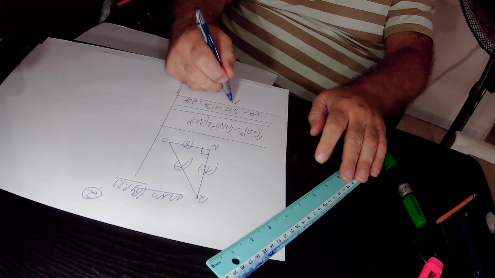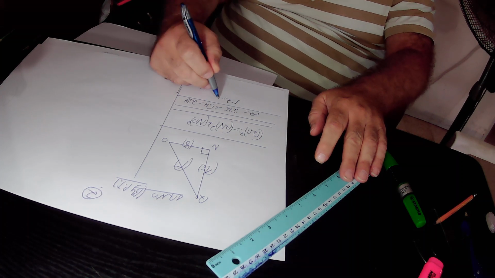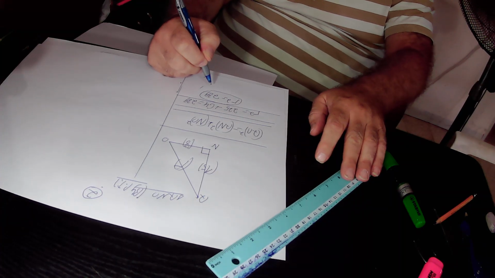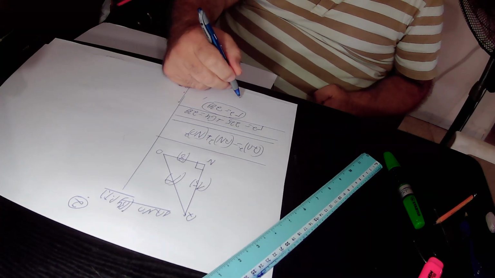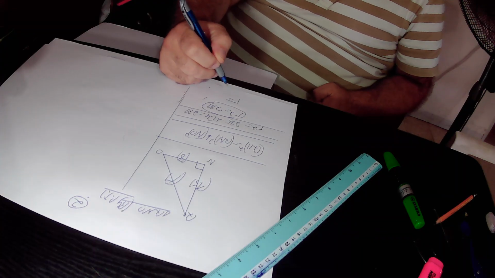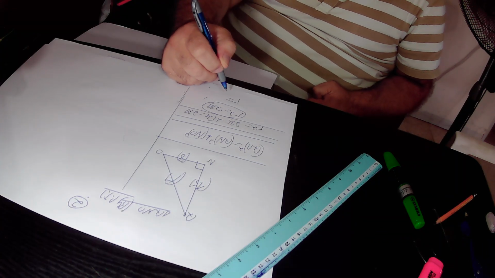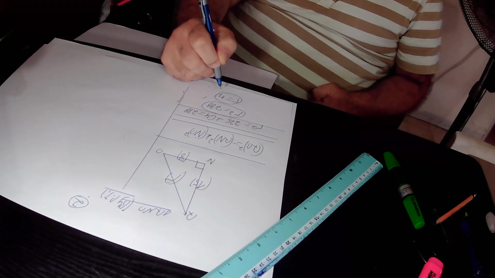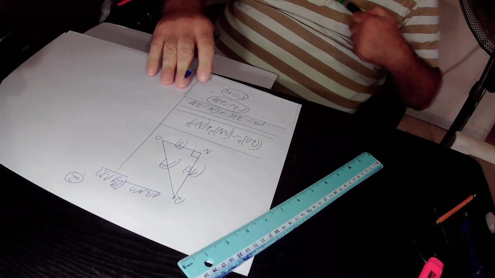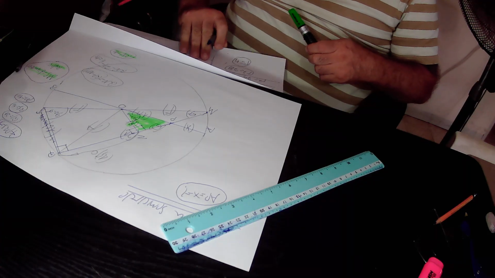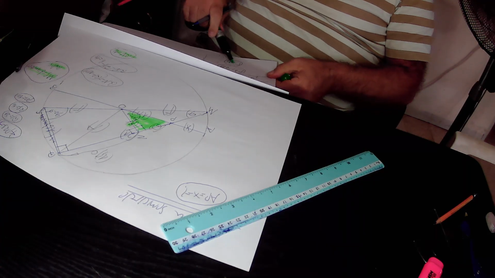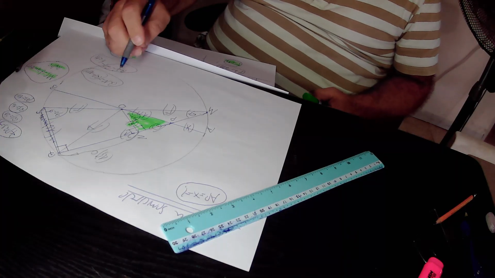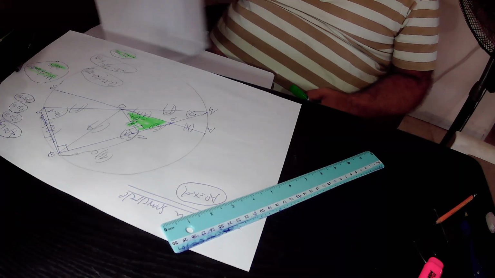So R squared equals 289. Taking the square root, we get that R equals the square root of 289, that is 17. So the radius of this circle is equal to 17 units in length.